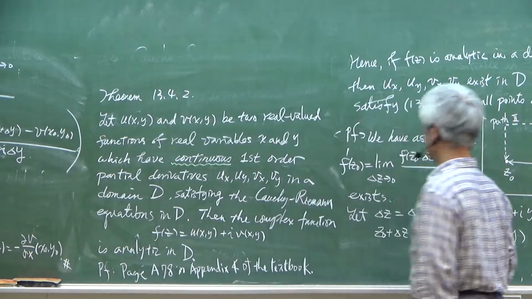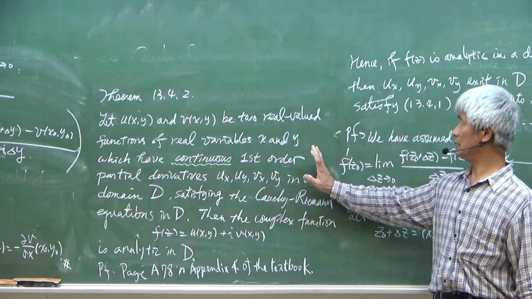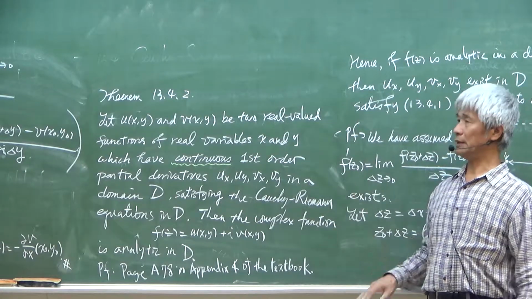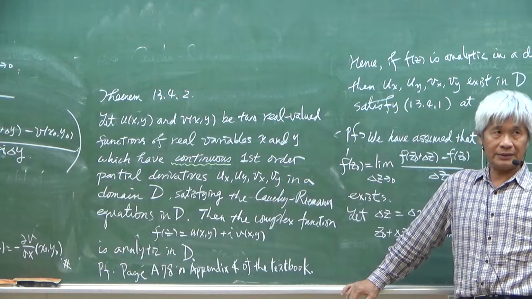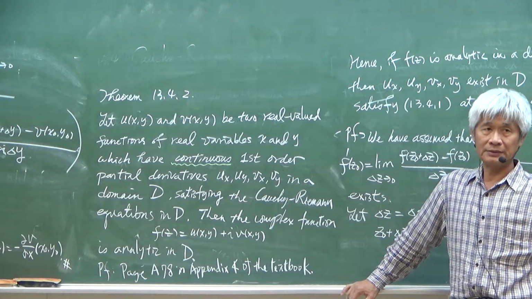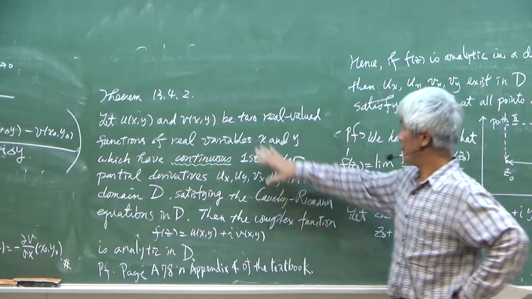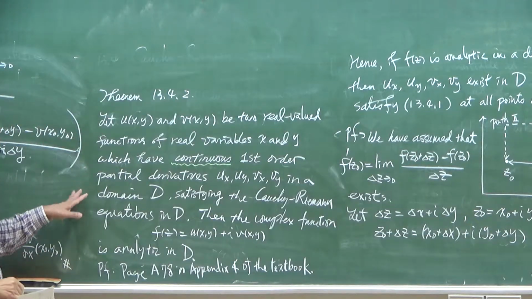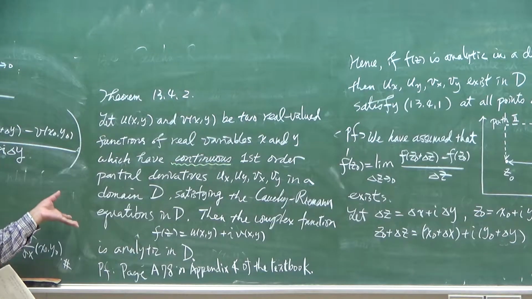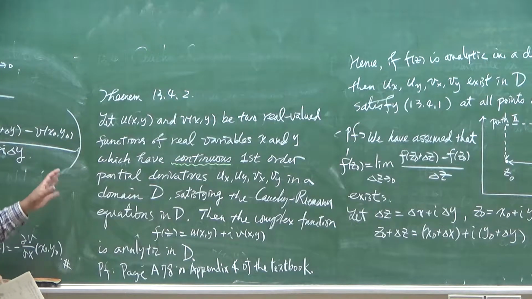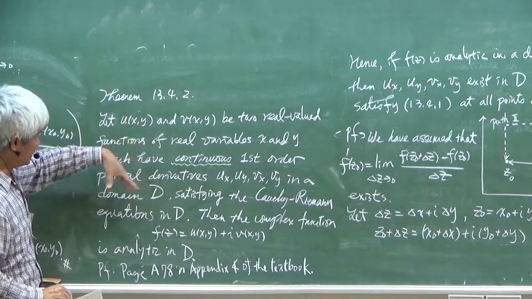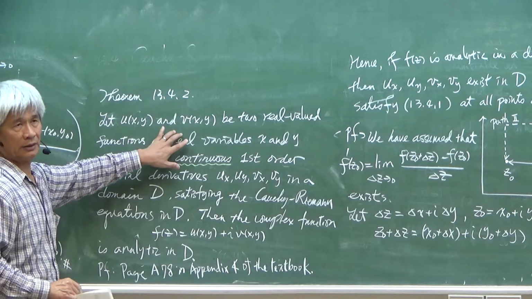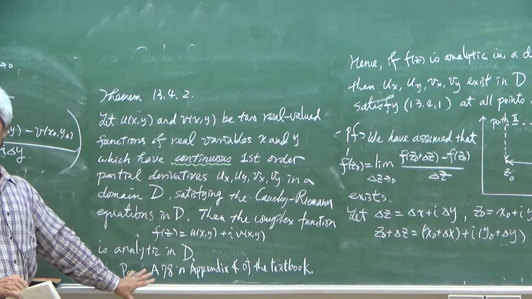So we need this theorem to construct useful complex functions which are analytic, including the exponential function. So it is very useful in applications, but it is also very important in theory because it gives you a sufficient condition on u and v to construct an analytic function.